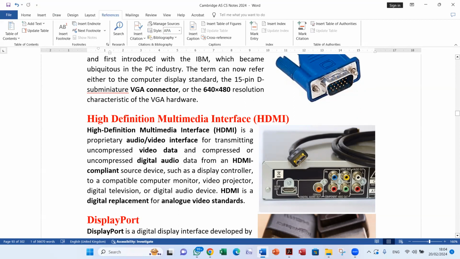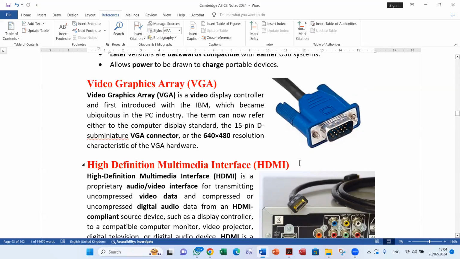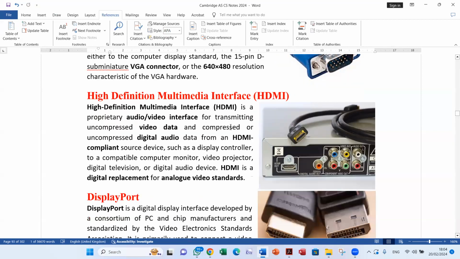In the old days, we used to use VGA, a video display controller first introduced by IBM, which became standard in the PC industry. So this is a VGA connector. We will see questions about it in recent exams. HDMI is more popular now.